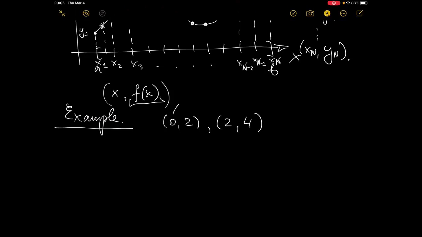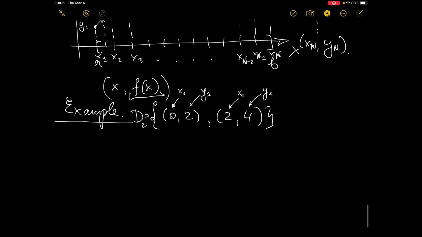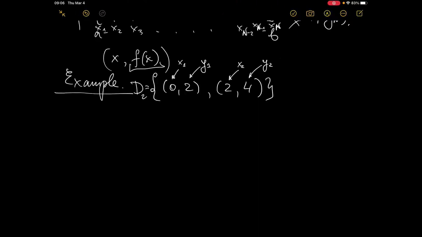So don't forget, this is x1, y1, x2, y2. So I have a data set consisting of 2 points. Okay, great. Could you tell me what curve I can always draw through these 2 points?